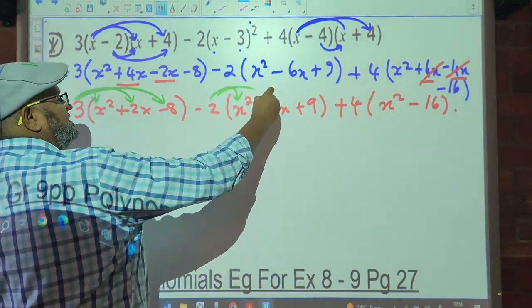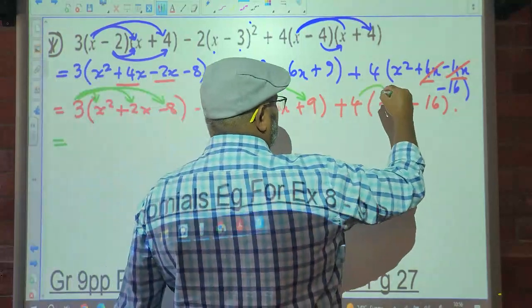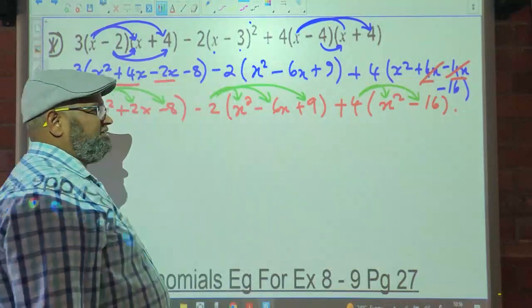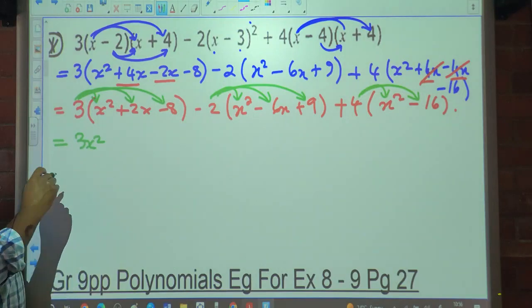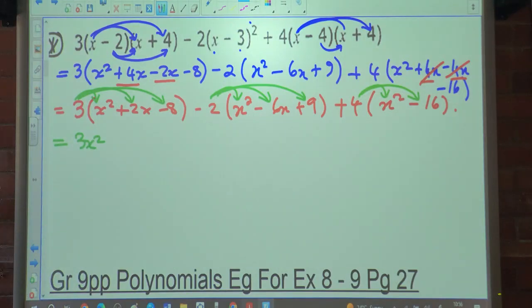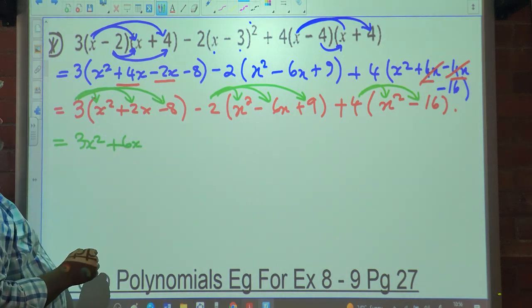Negative 2 times x squared, negative 2 times negative 6, negative 2 times 9. 4 times x squared and 4 times negative 16. What is 3 times x squared? 3x squared. What is 3 times 2x? 6x. Easy, no? Maths is so easy in grade 9.